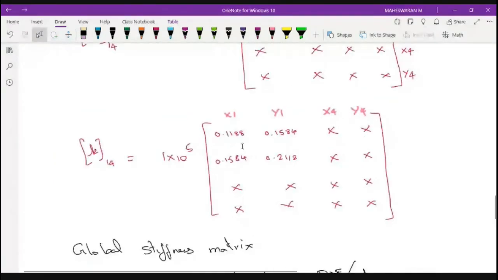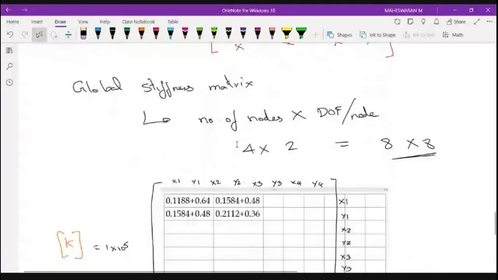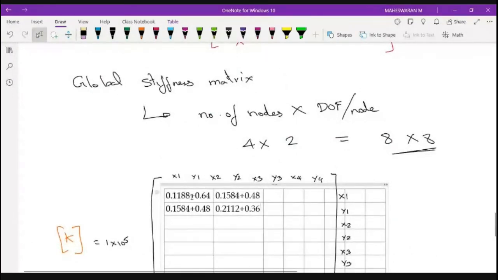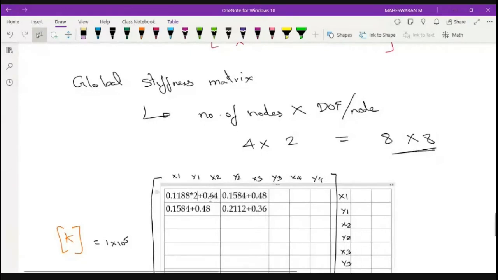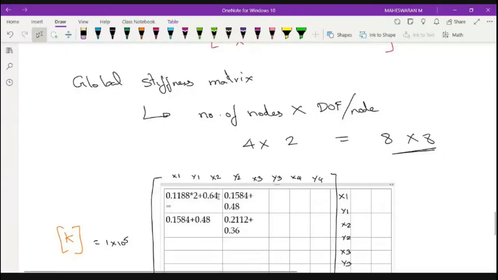Third element also comes under x1, y1. So 0.1882, similar to the previous one. So I put into 2. And if I put equal to, automatically we'll get the answer. So that's why I'm doing that. So into 2.